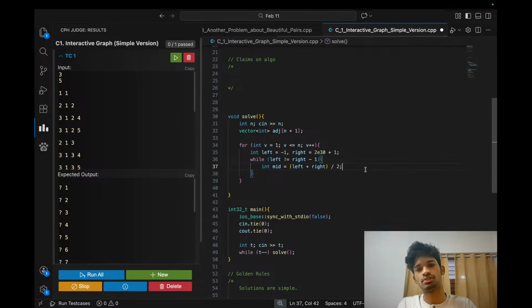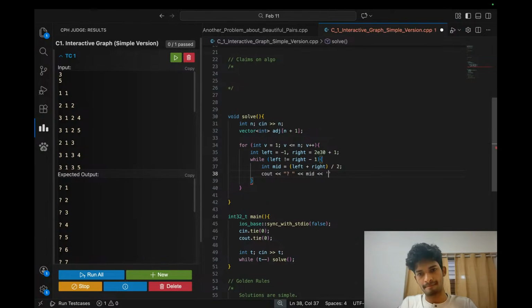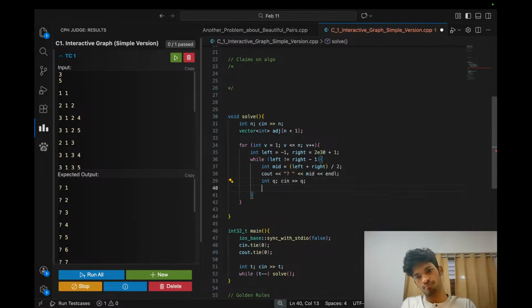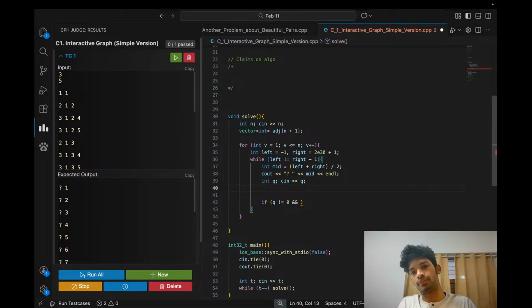Let me just do this. Okay. If q is not equal to 0 and, let's also get the path.